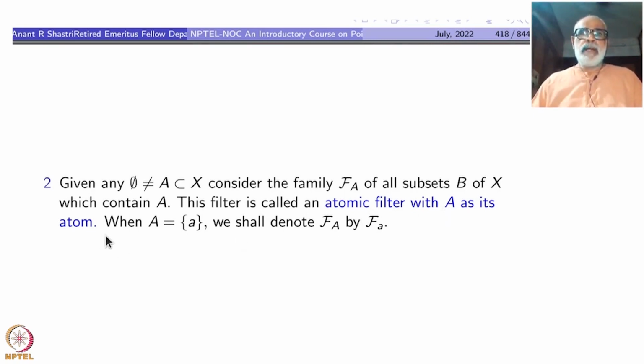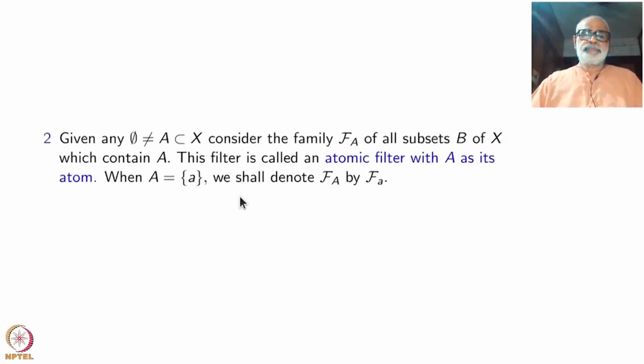One single subset and all its supersets. Okay, so that is a filter obviously, and that filter is called the atomic filter with A as its atom. Now there is a notational thing here. If A is a singleton {a}, I won't put that bracket here. I'll just write F_a for F_{a}.